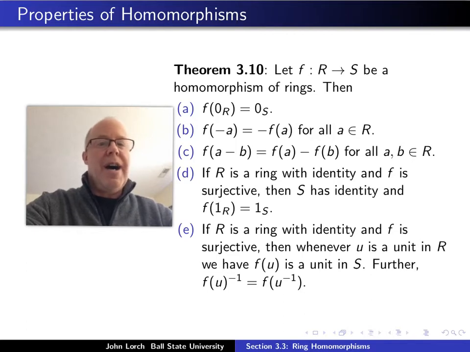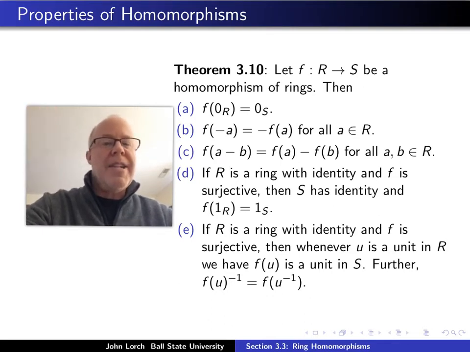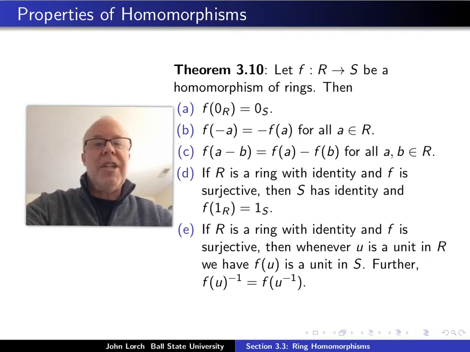Second, if you apply F to the additive inverse of A, then the output must be the additive inverse of F of A. And third, if you apply F to A minus B, then you wind up with F of A minus F of B. So F, in addition to respecting multiplication and addition, also respects subtraction.